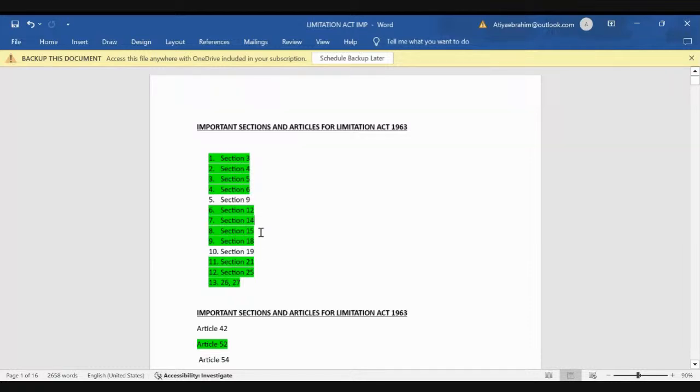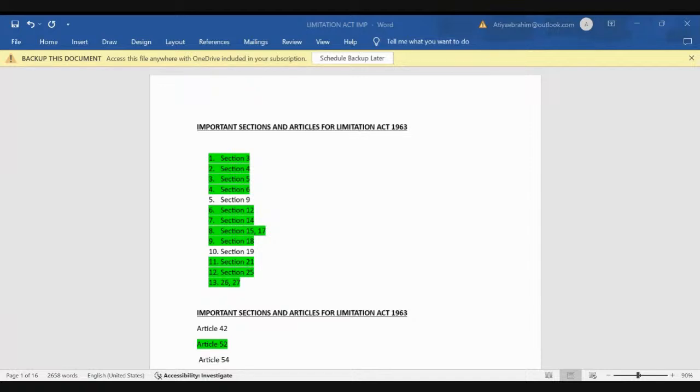Also mark section 17. Students, mark section 17 also. 18, 19. Come to section 19, mark that also important. Then section 21 and 25, 26, and 27.